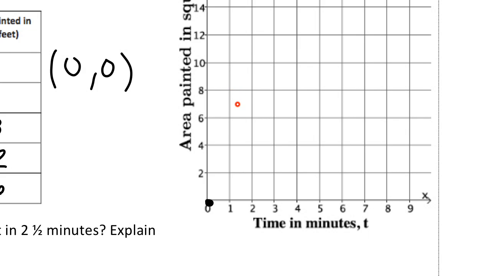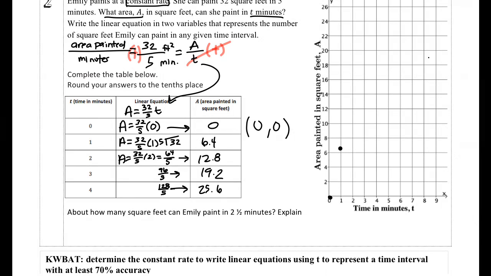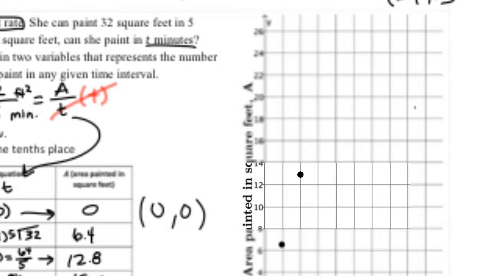If I want 6.4, it's not going to be towards the middle like I would normally think. It's actually going to be kind of a fourth of the way there. So I'm going to put that kind of messed up, but right there somewhere is another point. Okay, and then we're looking at 2 and 12.8. So here's 12, and again this one will be closer to the middle, so I'm going to zoom in there now. 12.8 would probably be about right there.